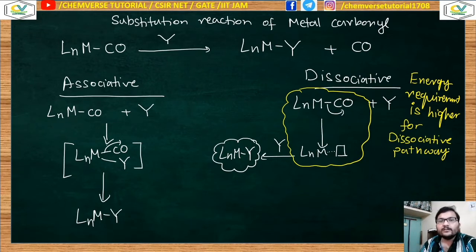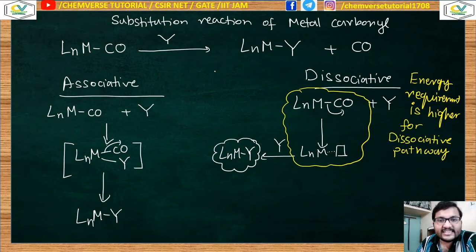It can go via the associative pathway and it can go via the dissociative pathway. If it has 2 options, then it will prefer to go via the associative pathway. And one more thing is that sometimes the substrate molecule can rearrange itself in such a way that it can follow the associative pathway.